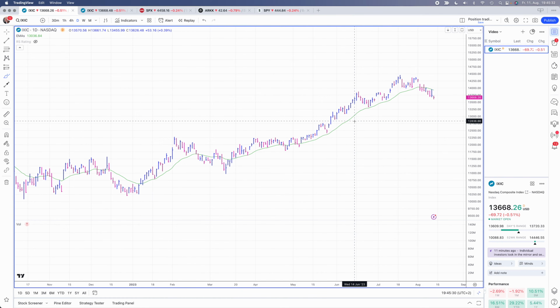And as soon as the price drops below the EMA 21 here, you stop looking for new trades. You stop buying new positions and you wait until the market is back in a short-term uptrend.